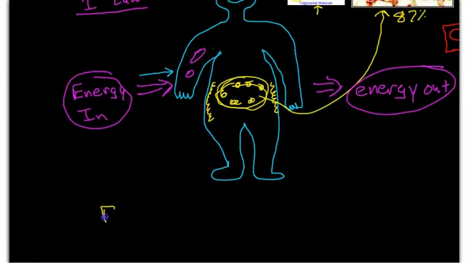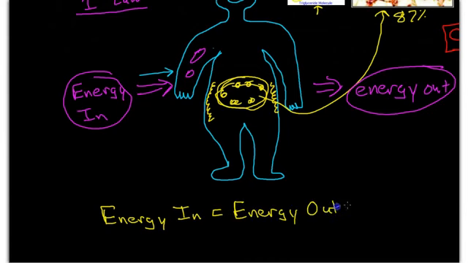So let's talk about a very simple formula here. In our bodies, energy in has to equal energy out plus energy stored. Now, we are concerned about weight loss, and remember, weight loss means that we need to have a negative energy balance.